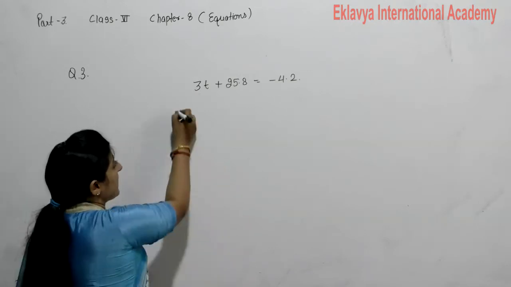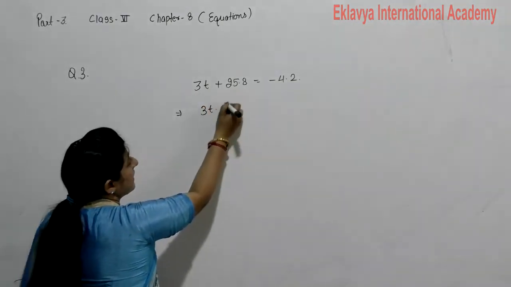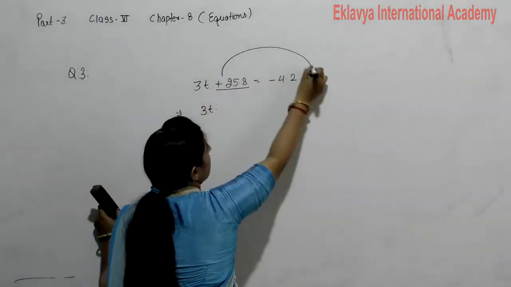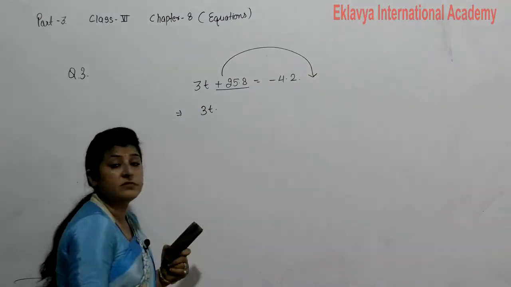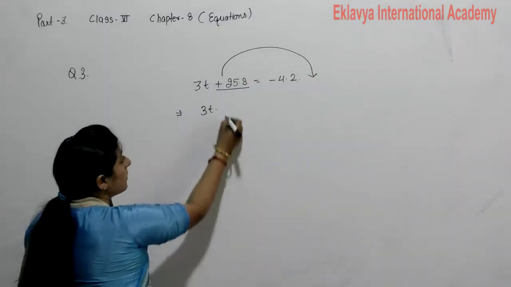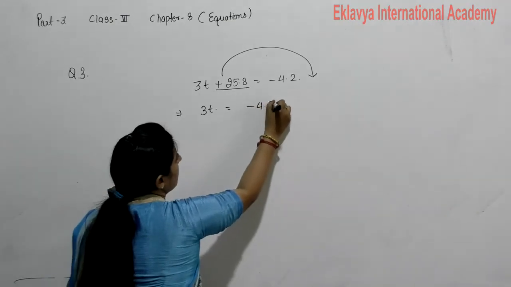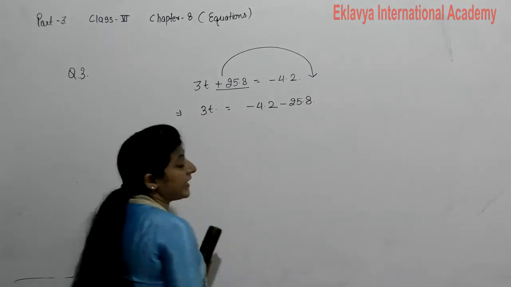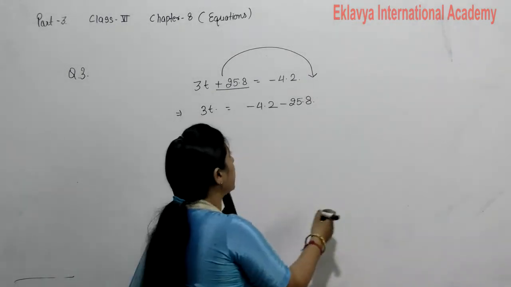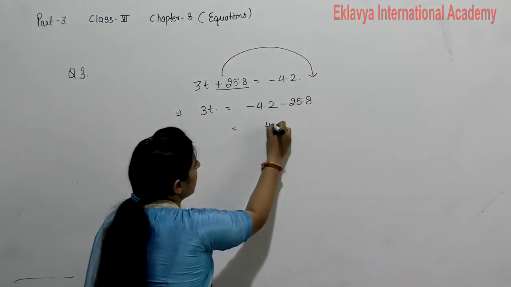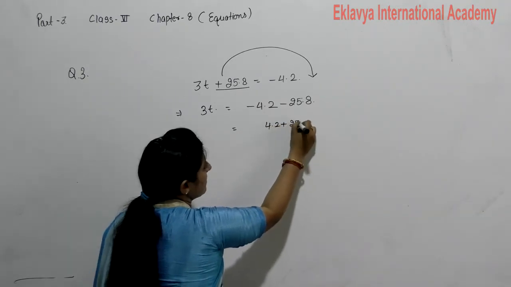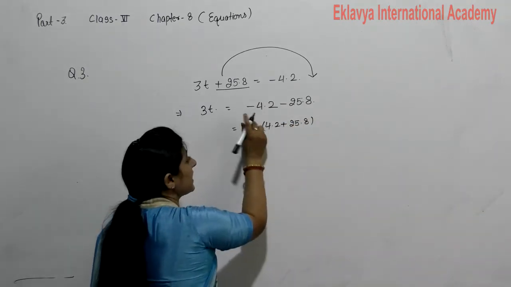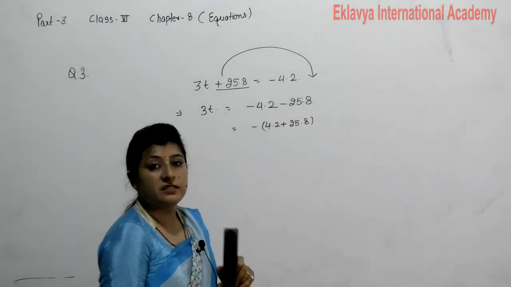What is the first step? 3t, this plus here will come across and change into negative. Minus 4.2 minus 25.8. Both are minus, which means minus minus plus, but with the result we take the sign minus.